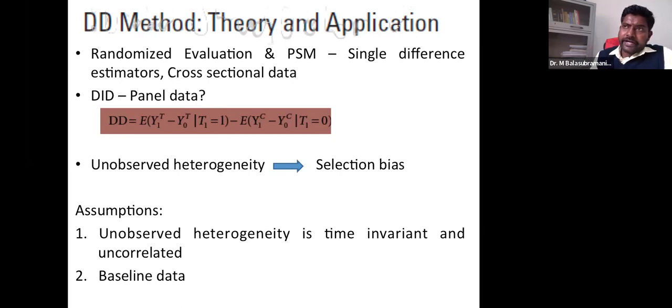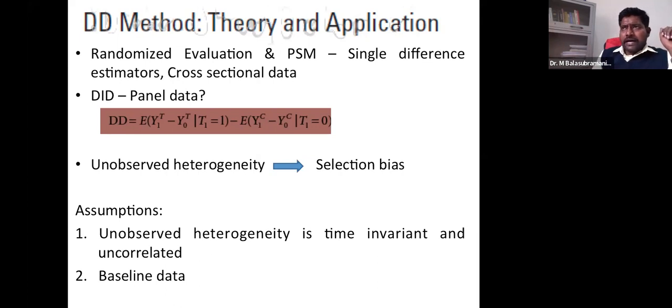One indicates after the intervention, and 0 indicates that no technology intervention has happened. T and C are the treated group and the control group. The control group is nothing but the non-treated units. Okay, this is a simple equation of the double difference method. Now we are going to see graphically, and with estimators also, how to develop the estimator for this equation.